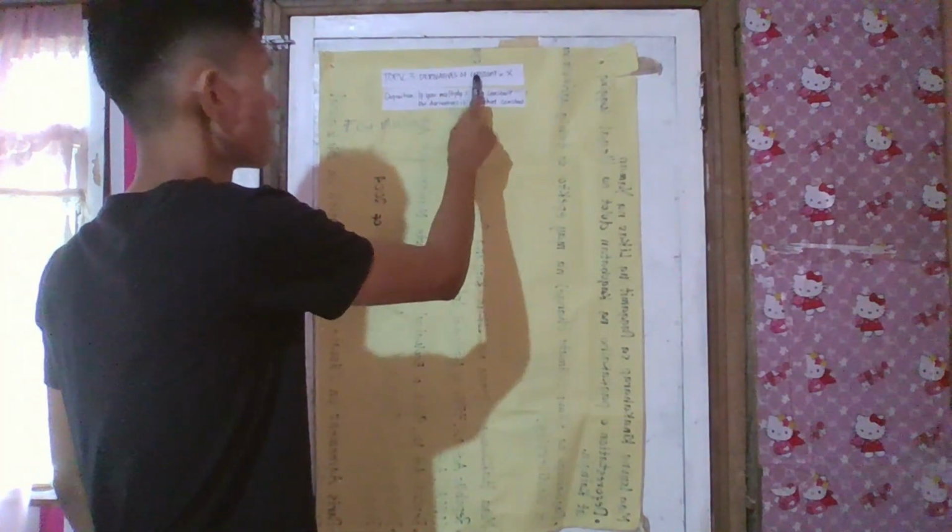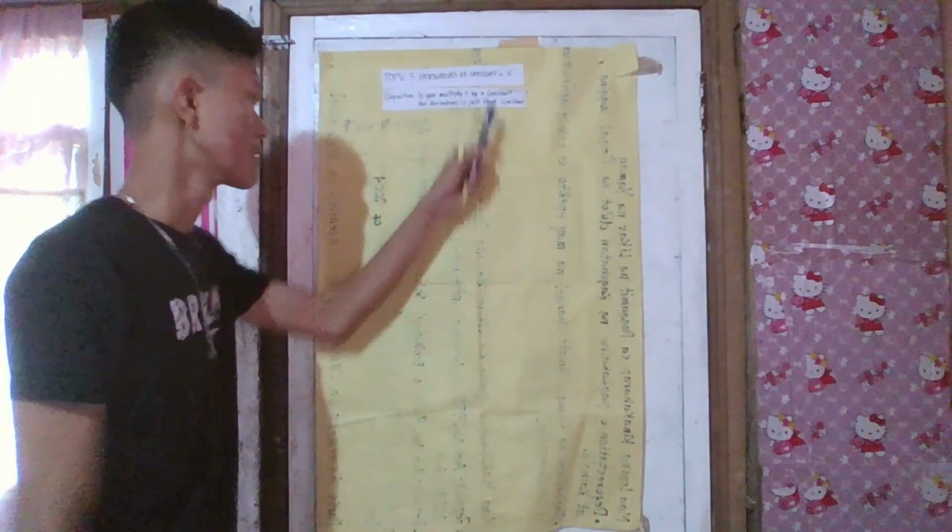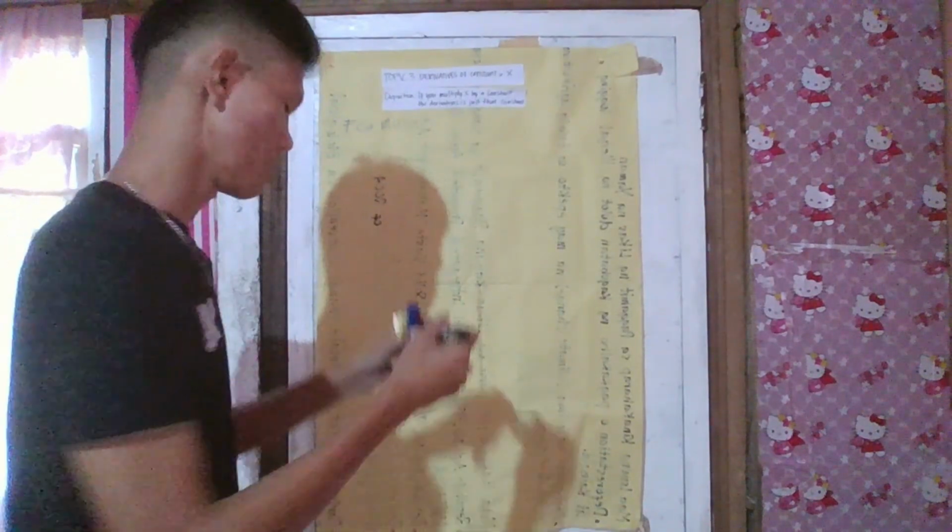Okay. These are topic 3. Topic 3 is all about the derivative of a constant times x. Constant means it cannot be changed, you don't need to move it. Then times x. x is always 1. Okay?